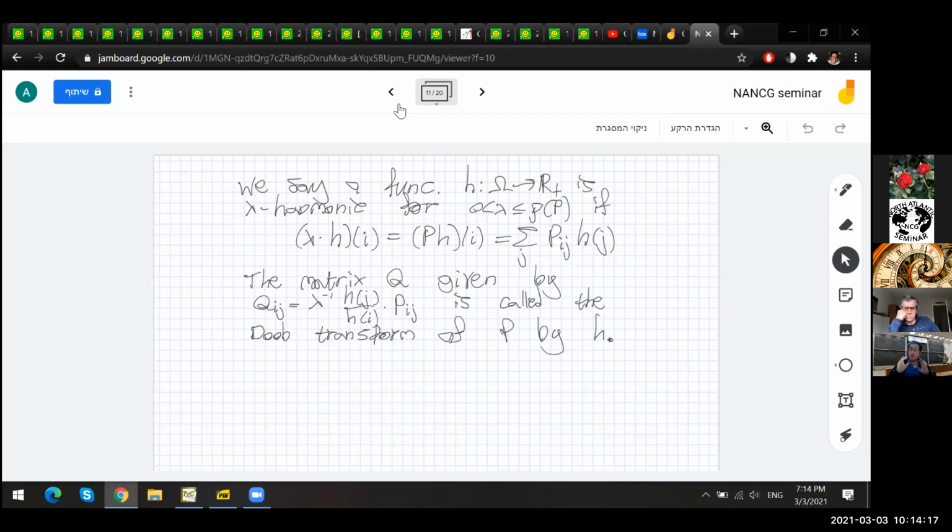So there is some operation here that you can pull off that allows you to change one matrix to another. It changes its spectral radius, for instance.